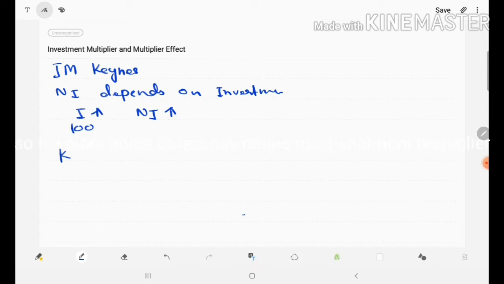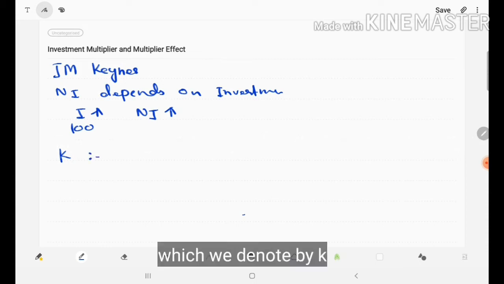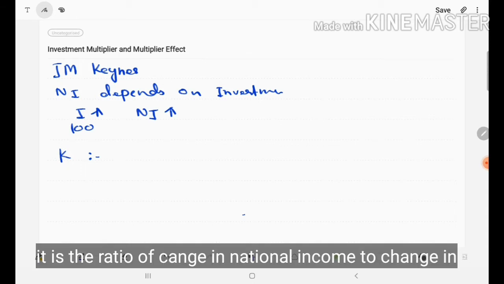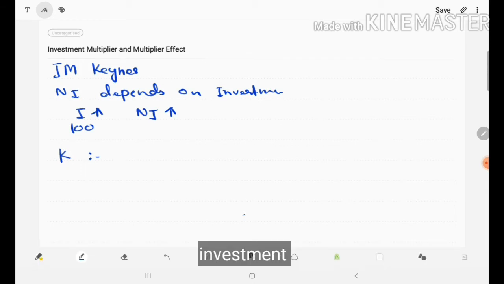If we define the investment multiplier, which we denote by K, it's the ratio of change in national income to change in investment.